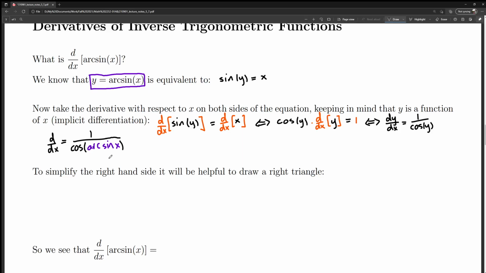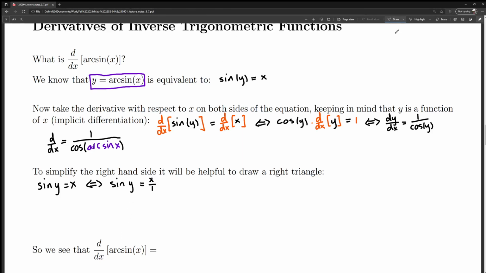So what we're going to do is draw a right triangle, and we're going to use the expression sine of y equals x. If you look at sine of y equals x, I can rewrite that as sine of y equals x over 1.